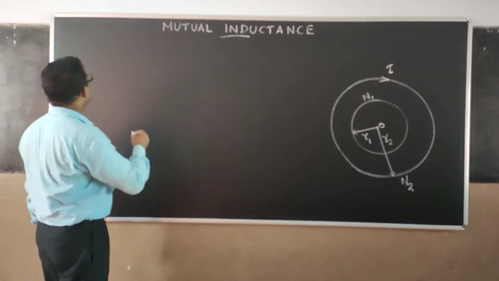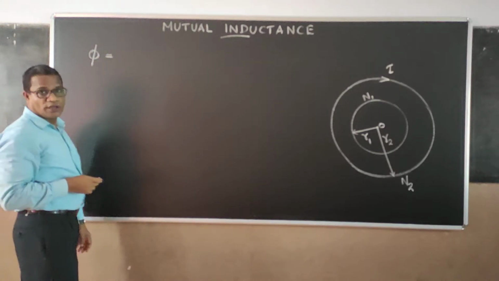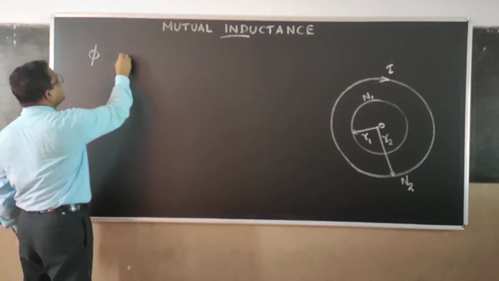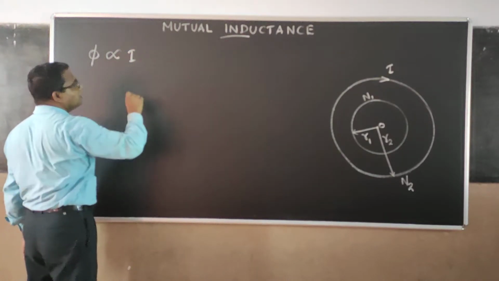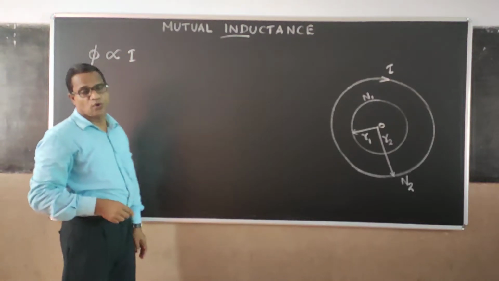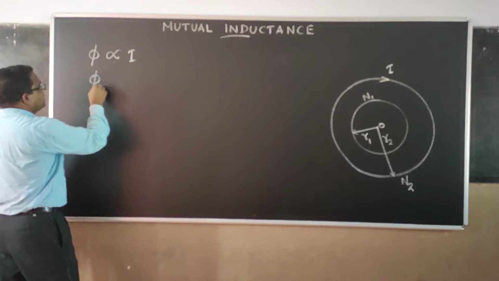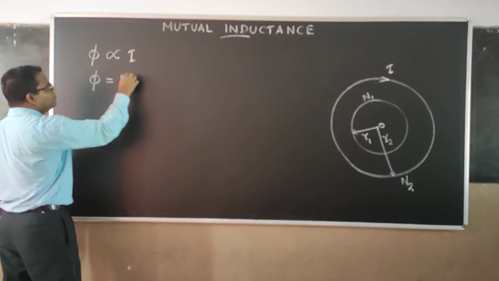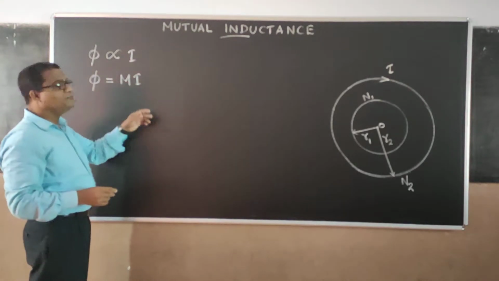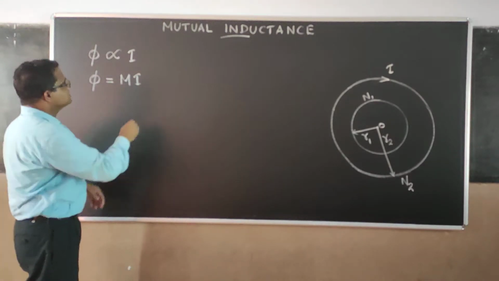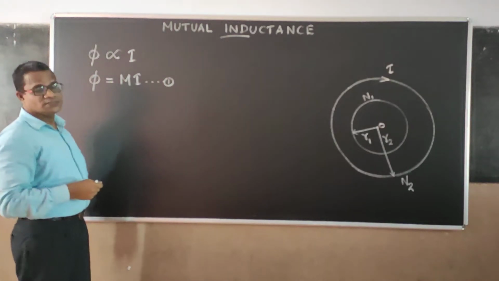Now, the flux linked with the inner coil will be directly proportional to the current I flowing through the outer coil. And therefore, flux phi is equal to M into I, where M is the mutual inductance for the pair of coils.